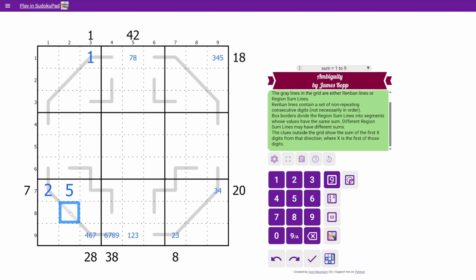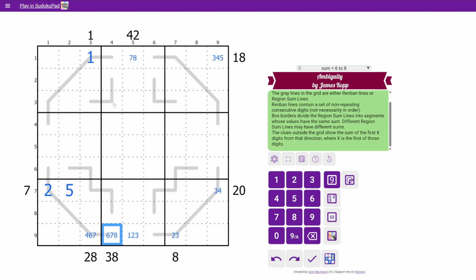Or, 6, 1, 2. And that would be 9. Oh, that can't be 9. What am I doing? Why did I put 9 there? Crazy. I even specifically remember saying that it can't be 9 because that would be 45. Didn't I?